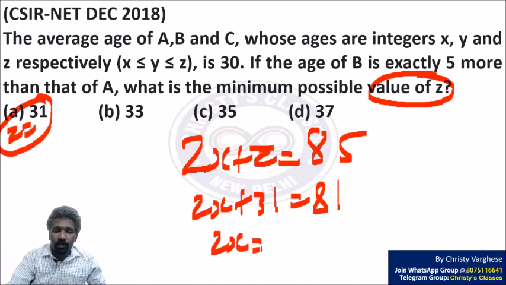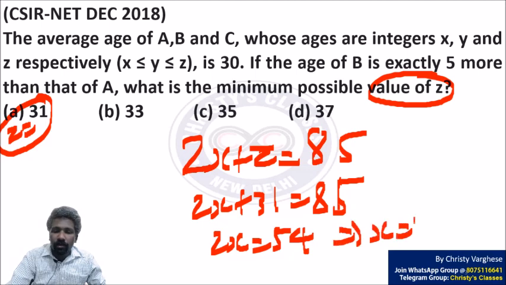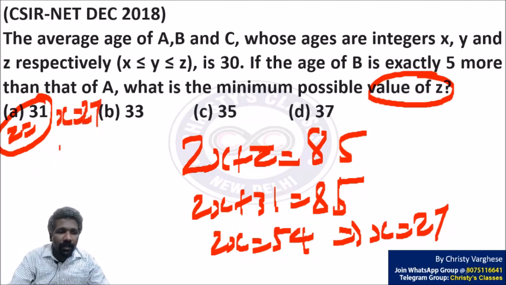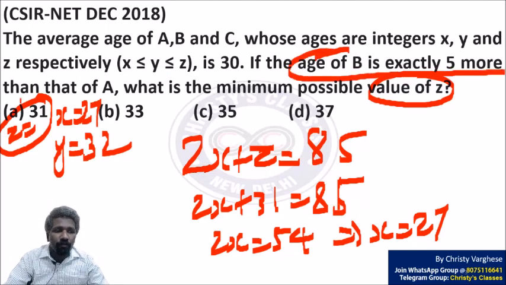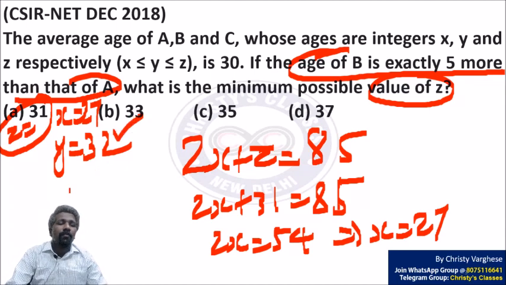So 2x is equal to 54, and x is equal to 27 after simplifying. That means if z is equal to 31 and x is equal to 27, then what is y? Y is 32, because we know that y is 5 more than x. Age of B is 5 more than that of A, so we can find y also.